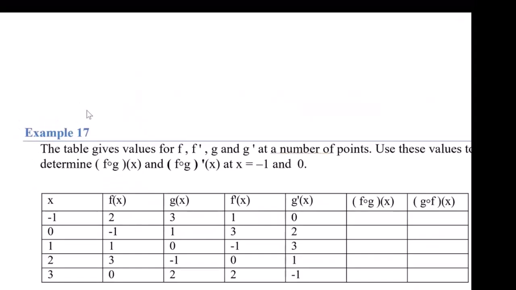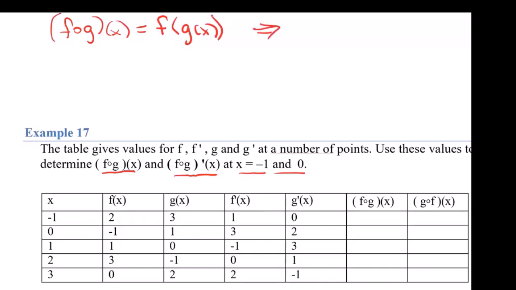Example 17. The table gives values for f, f prime, g, and g prime at a number of points. Use these values to determine the composition of f of g of x and the derivative of f of g of x at x equals 1 and x equals 0. Okay, so let's start with f composed with g of x, which is equal to f of g of x.